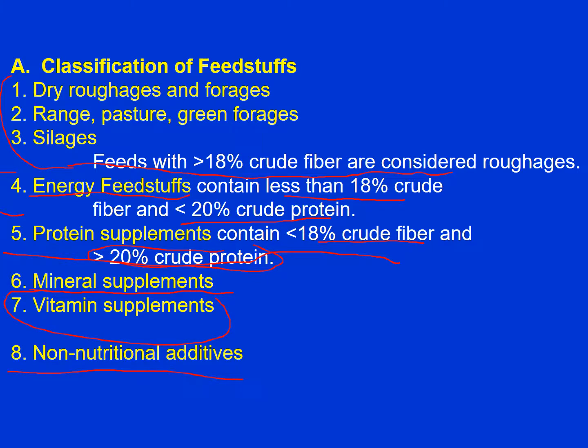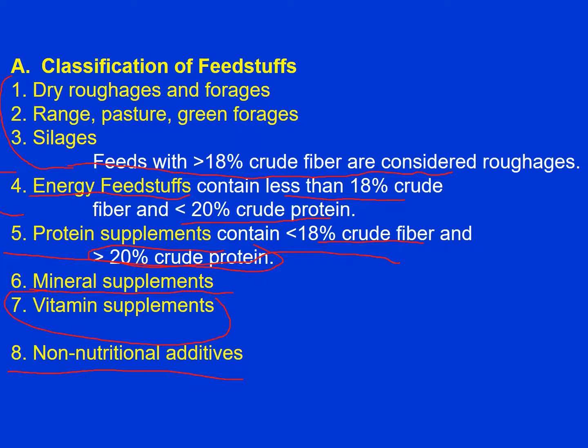And then non-nutritive additives. What would be a non-nutritive additive? Well, sometimes we add flavoring agents. We may especially do that with companion animal food. We can add food coloring. So when you buy that bag of dog food or cat food, it may be red and green and pink.